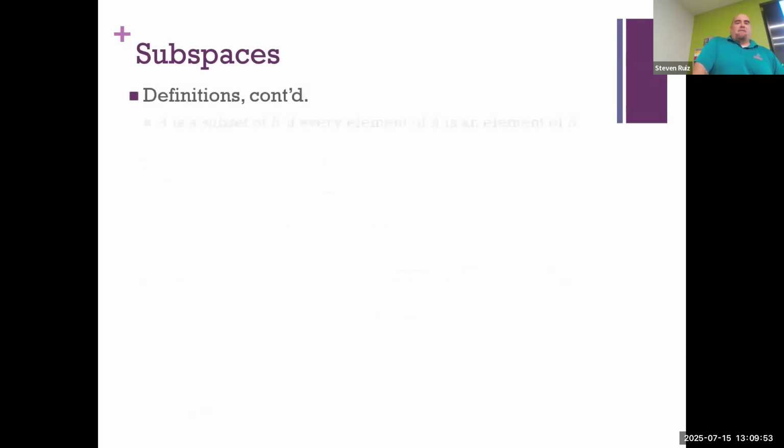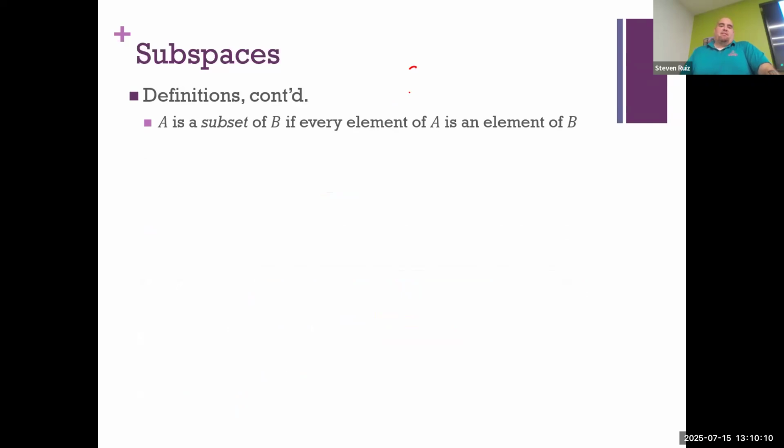So what is a subspace? Actually, we're not there yet. What's a subset? So if I have 2 sets, A and B, A is a subset of B if everything that lives in A also lives in B. So if I draw a diagram here, if this is what A looks like, and I'm telling you that A is a subset of B, what does B have to look like? As long as A is totally contained inside B, then that's what I'm talking about.